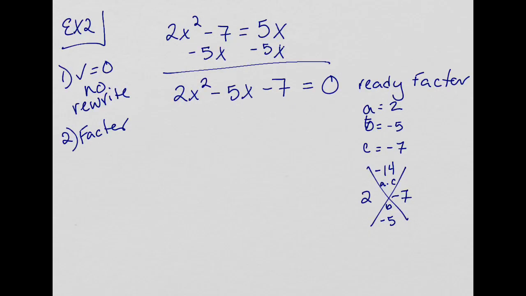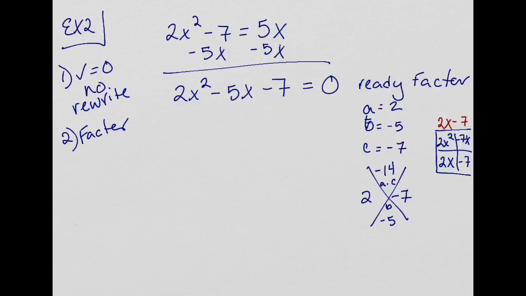Okay, so now I'm going to do my box. My first term was 2x squared, my last term is negative 7, and negative 5x is being split into a positive 2x and a negative 7x. My GCF of the first column, 2x squared and 2x, is 2x. Second column, negative 7x and negative 7, they are both negative, and they both can be divided by 7.